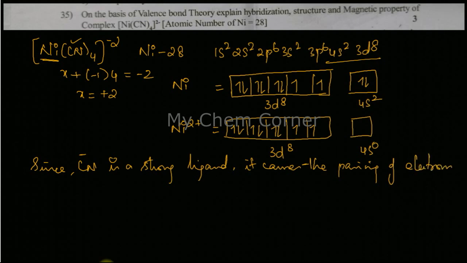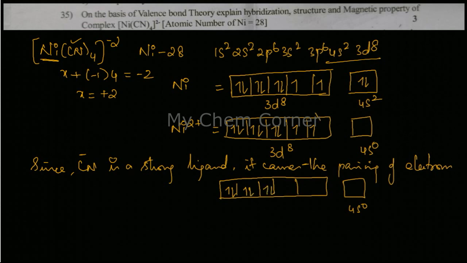Whatever electrons you have in the 3d orbital will get paired up. So when I draw the orbitals here, this will remain as 4s0, these are all paired, but this one will move over here and pair up. That is the effect of the ligand. This will still remain as 3d8.